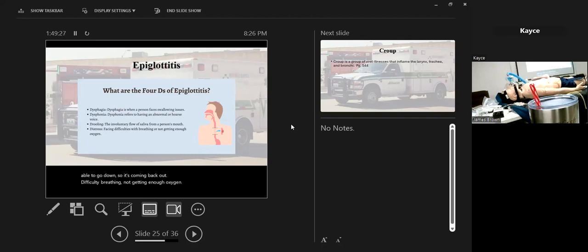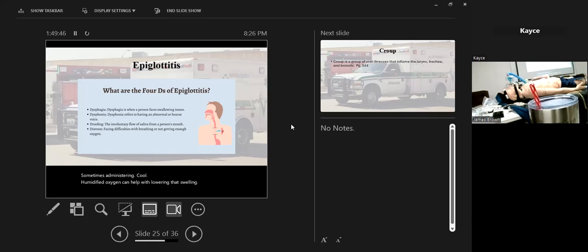Treatment for this is basically transport. Sometimes administering cool humidified oxygen can help with lowering that swelling.